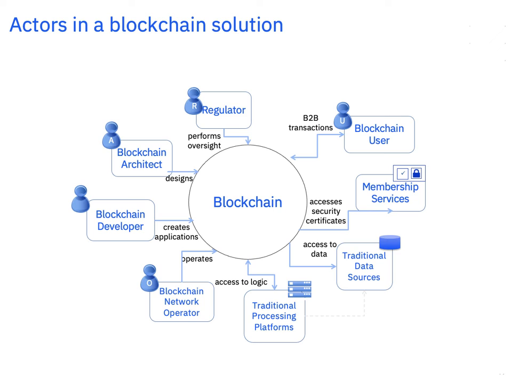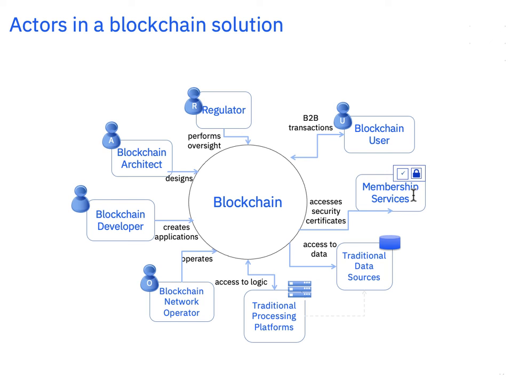This shows the major actors within a blockchain network and what they are doing within the blockchain. The details you can see here: if we start with the blockchain developer, blockchain developers create applications like the front-end application or the smart contract. The blockchain architect will design the architecture of blockchain networks. Regulator, and blockchain user, who will do the transactions, B2B transactions.